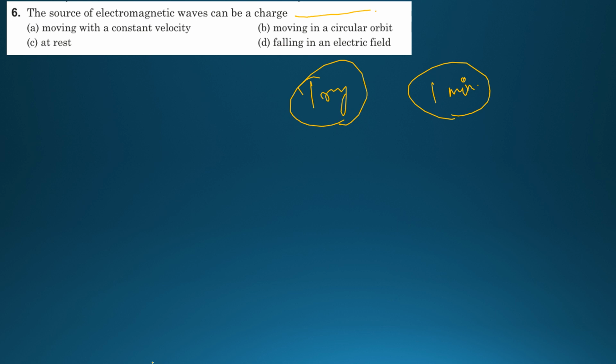The source of electromagnetic waves can be a charge moving with constant velocity, moving in a circular orbit, at rest, falling in an electric field. Which one can be your answer?